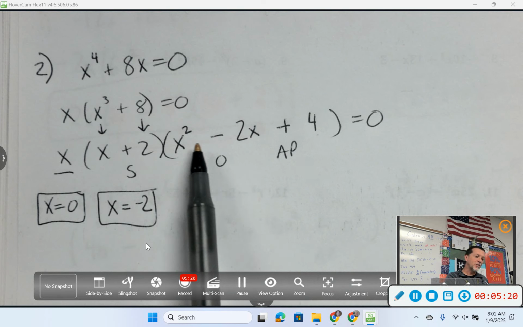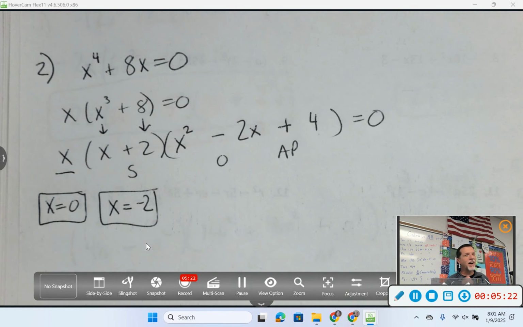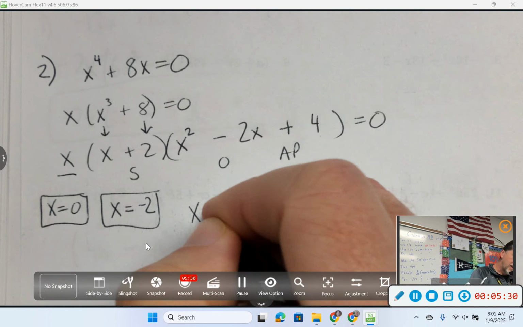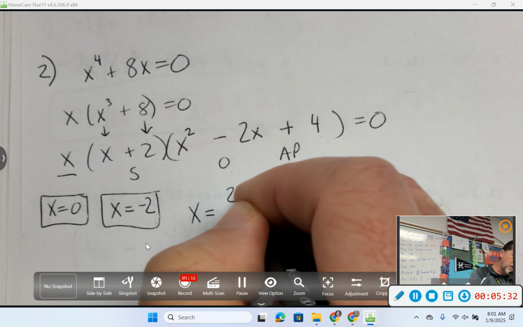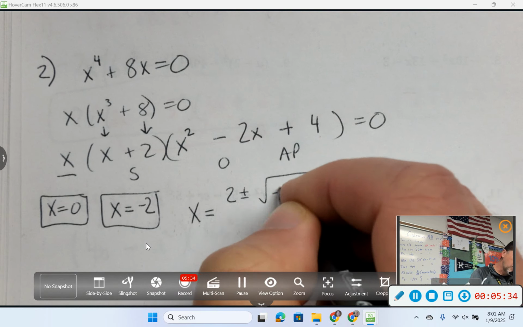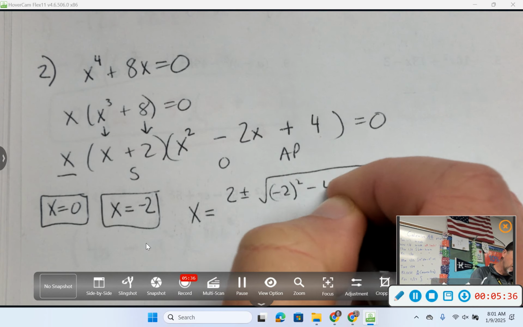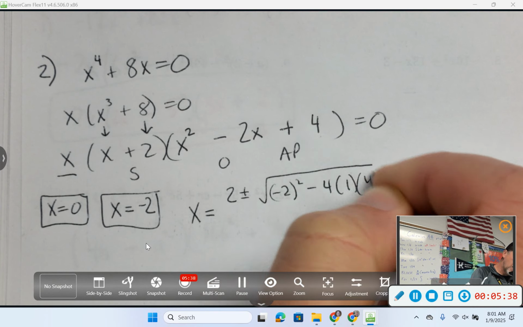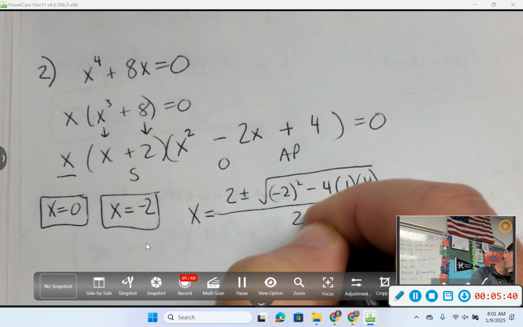If I'm trying to solve a quadratic that won't factor, quadratic formula. Yeah, that's the excitement we're looking for. x equals negative b plus or minus the square root of b squared minus 4ac all over 2a.